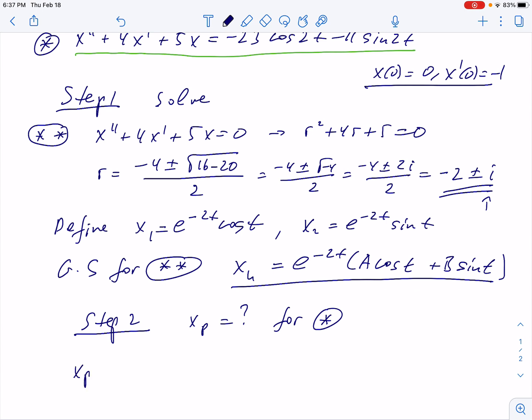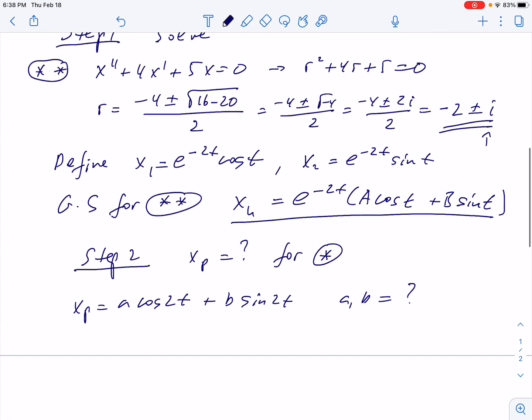We're looking for a particular solution, coefficient a with cosine 2t, plus a coefficient b, sine 2t. I'm using a and b small letters here. These are quite different from the big A and B. A and b here are undetermined coefficients. And how to find them? We shall differentiate twice, substitute in the equation, and compare coefficients.